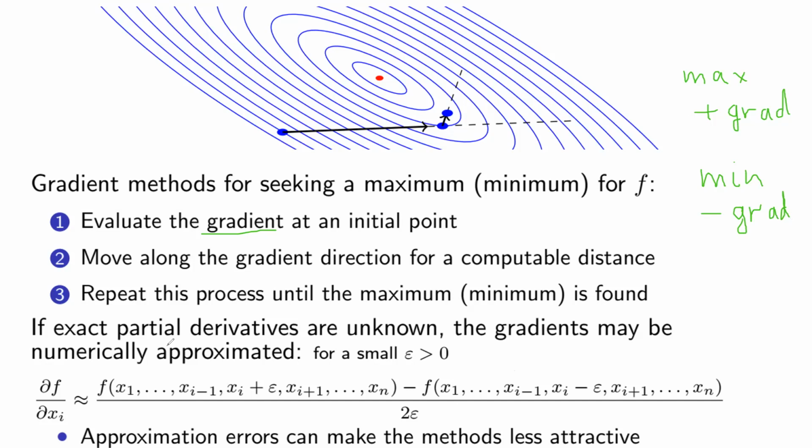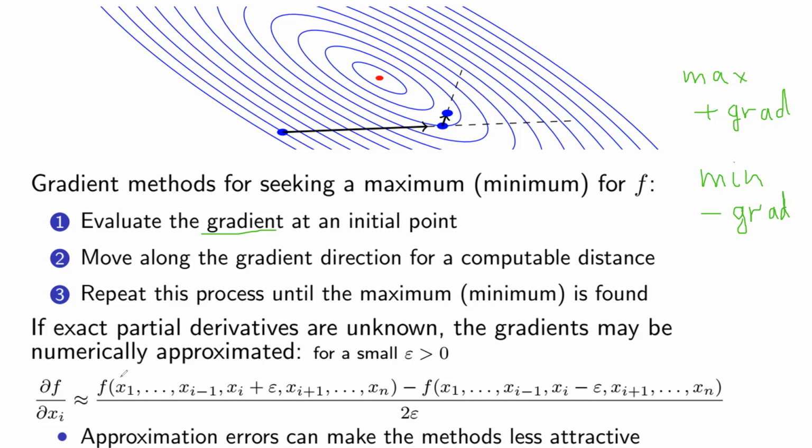Sometimes you don't know the partial derivative, so you cannot calculate the gradient as it is because you don't have the function itself. You have something that calculates the function, and you don't have an analytical form of this function. If you don't know how to find the derivatives, but you can calculate the function, then you just use a numerical approach.